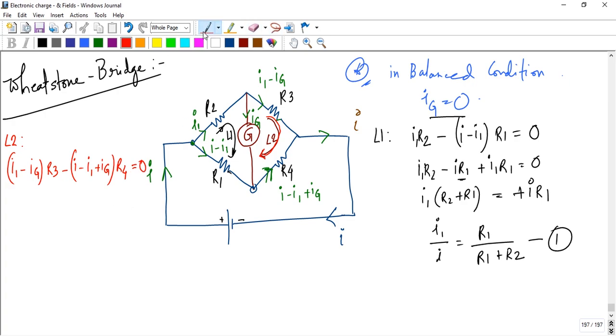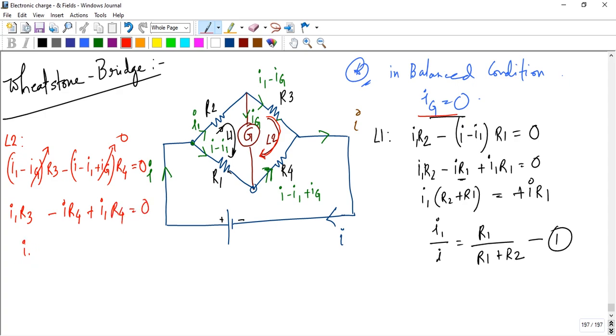Now solve this. IG is 0 in the balanced condition. So I1 R3 minus I R4 plus I1 R4 equal to 0.